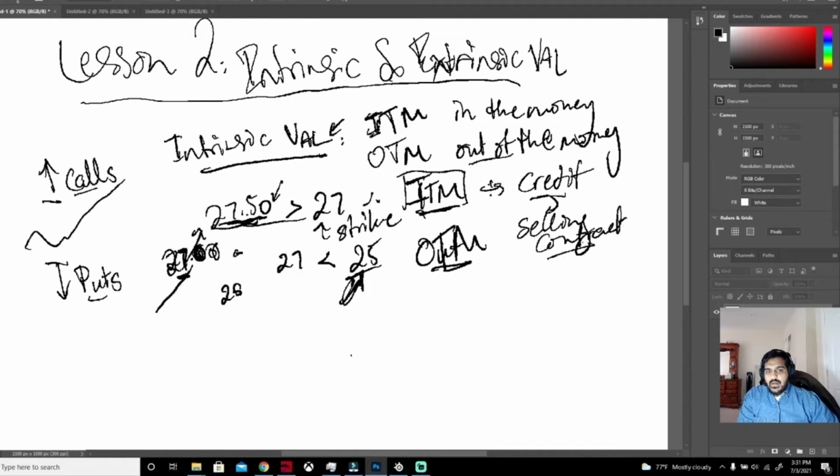So you can sell contracts based off of your in the money options. If you buy something that's in the money, you can sell against it and not take a lot of risk. It's almost as good as if you had the shares. Out of the money, it's just really speculation.